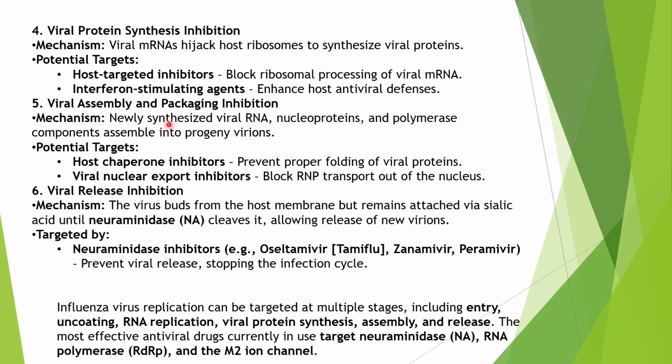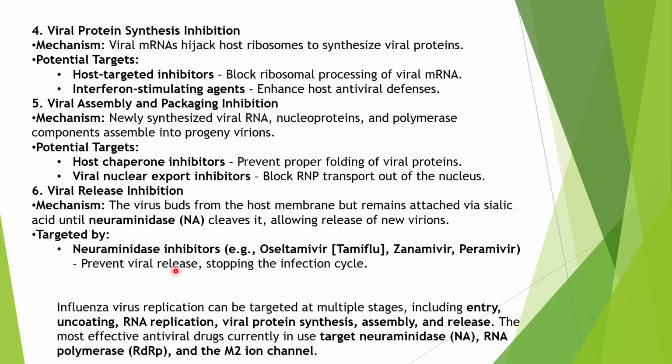So this is how, at every step, inhibitors can be used to inhibit or stop the cycle of virus replication at any point, from the point of entry to the point of exit, that is the release.